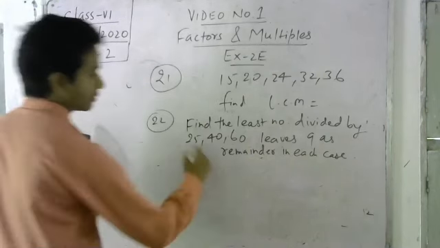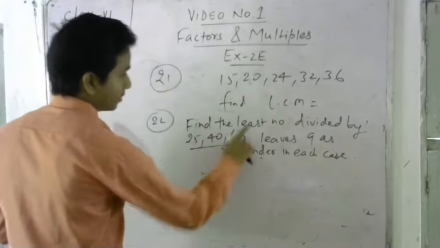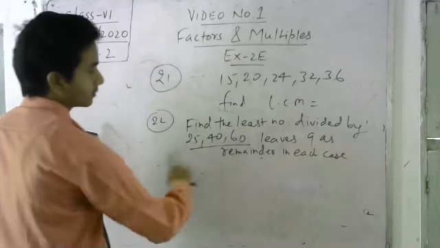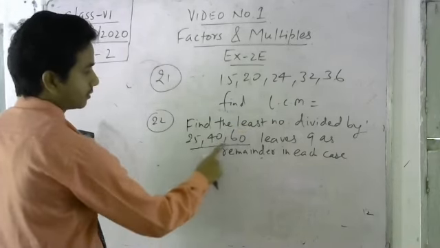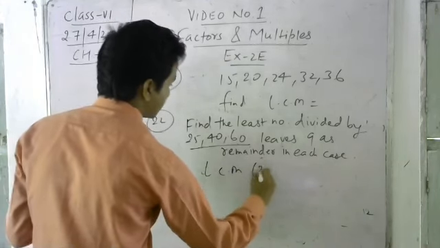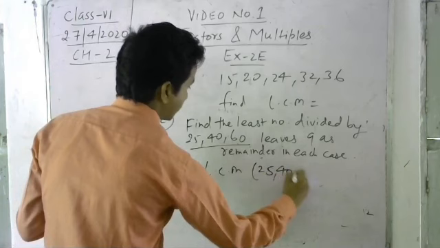In this type of question, first you will find the LCM of these. Why? Because least is there. So first find the LCM of 25, 40 and 60.